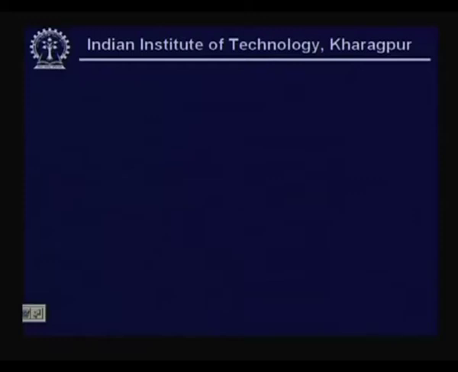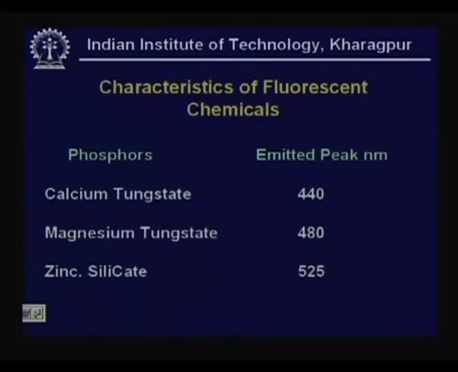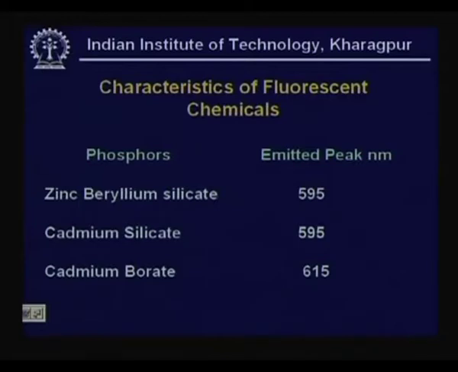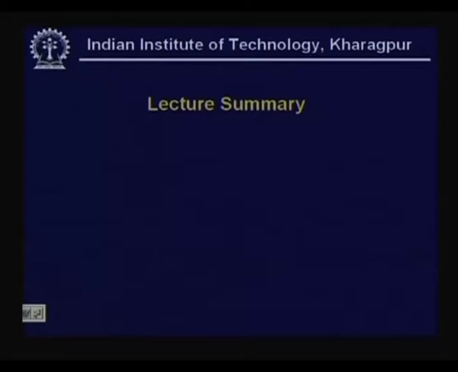You will find probably zinc silicate and zinc beryllium silicate are possibly the most commonly used phosphors, because of their high emitted peak sensitivity close to the eye's peak.